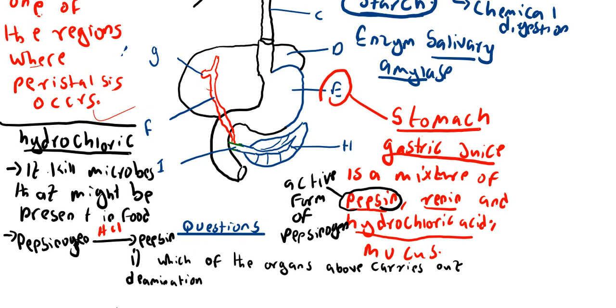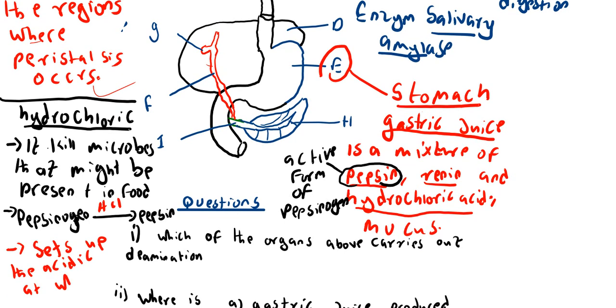So we've got 2. Three, this one sets up the acidic pH at which the enzymes of the stomach work best.